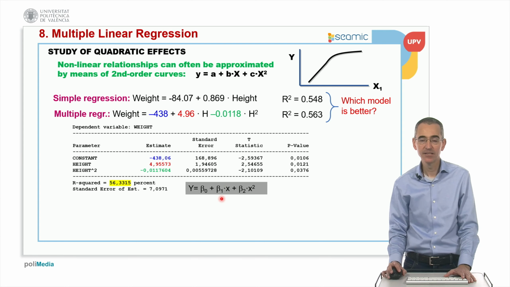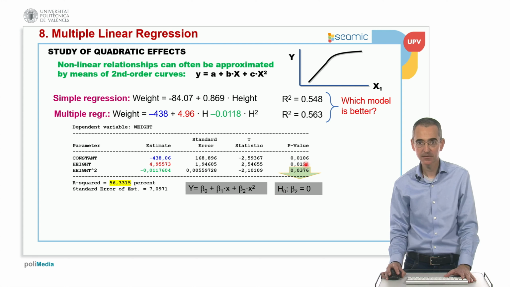Well, this is the theoretical model that we're fitting. At the population level, we have coefficients beta 0 plus beta 1 multiplied by x plus beta 2 multiplied by x squared. Every time that we have a p-value, we have a null hypothesis associated. For the constant, the null hypothesis would be beta 0 equals 0.